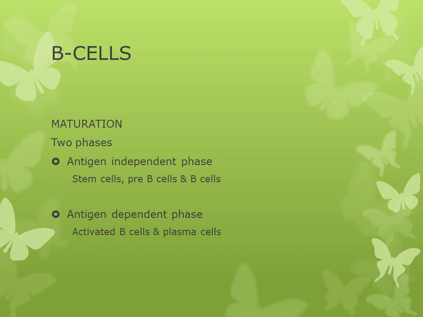Now what happens in the antigen dependent phase? The activated B cells, which are initially formed in the antigen independent phase, are converted into plasma cells, and it is from these plasma cells that ultimately antibodies will arise. So this is a brief overview of the maturation of the B cells.